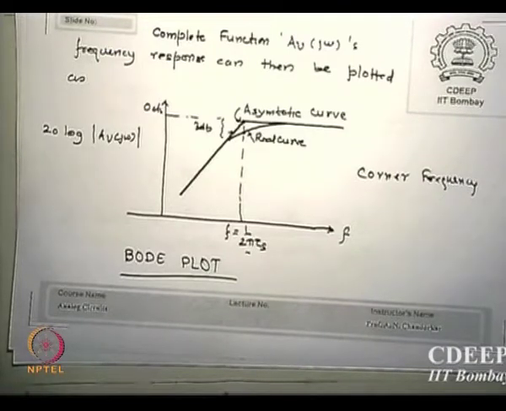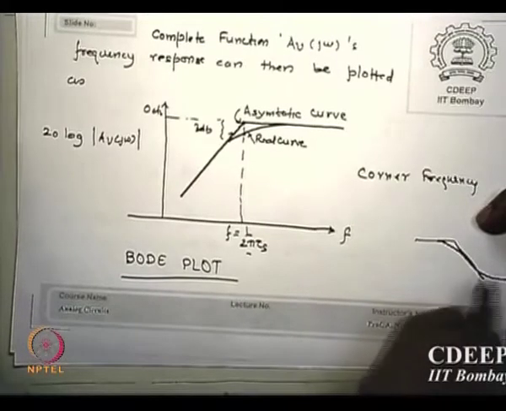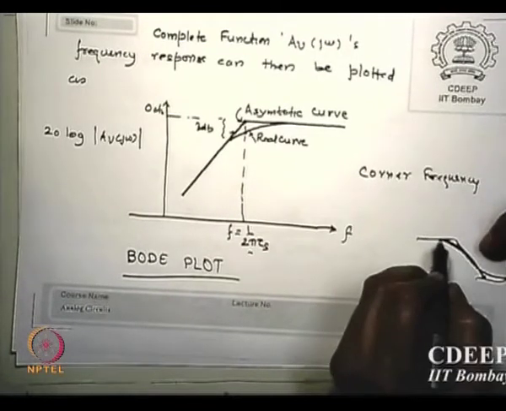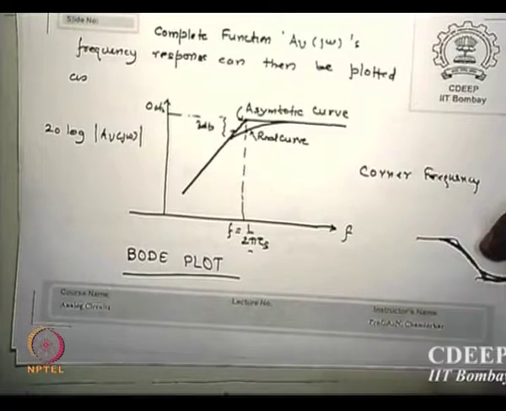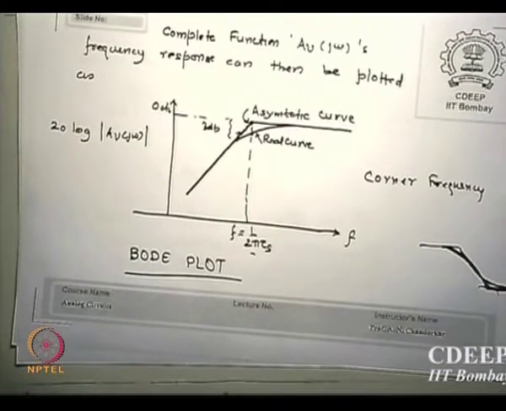But when you are asked to do the real one, you must draw asymptotes on both sides. For example, something like this occurs, so you know it will be something like this, asymptotic here and the same way here. Those are actual values, but we will only draw like this. This is how Bode thought, and that is what Bode diagrams are all about. See you next time.